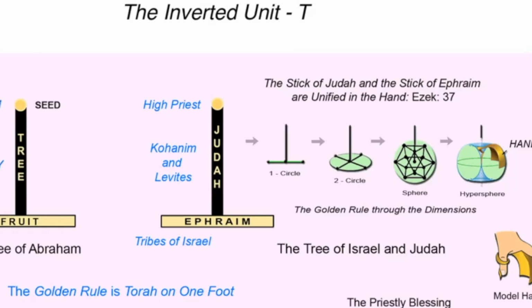It just represents the difference: Judah and Benjamin, and then the other 10 tribes, which are called the lost tribes of Israel. So there were originally 12 tribes. There's a big split between the area of Judah and the area in the north.